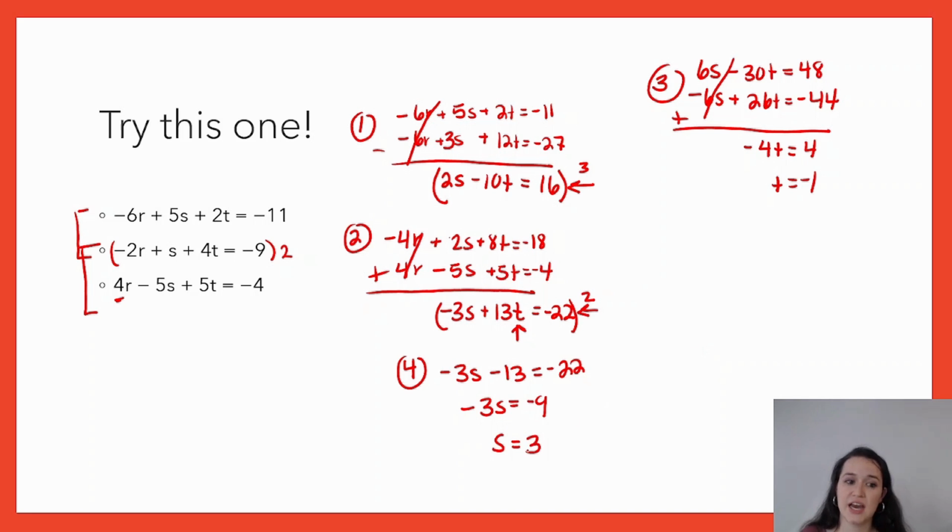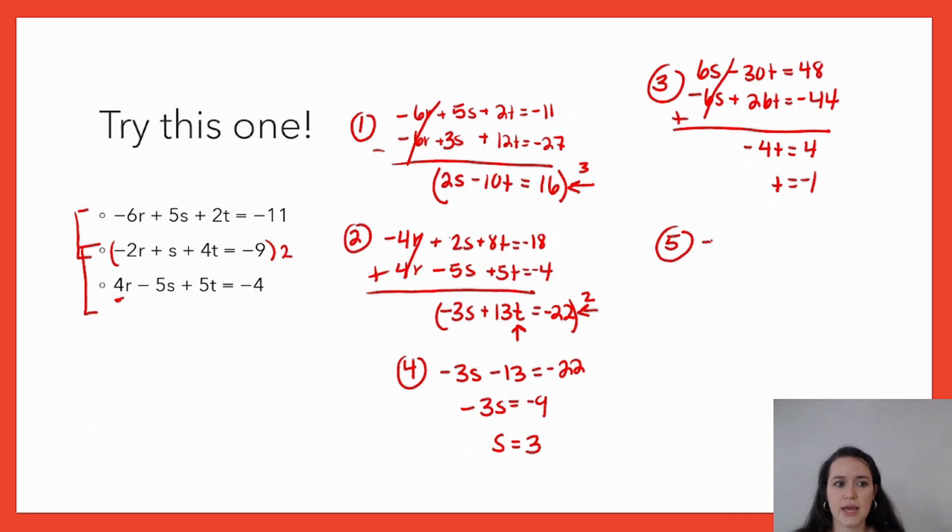All right, I have t, I have s, I have one more to do. Got to find r. So again, you can plug it into either top, bottom, or middle. That's up to you. I chose the middle. I only chose the middle because that one had the smallest coefficients out of all of them, a 2, a 1, and a 4.